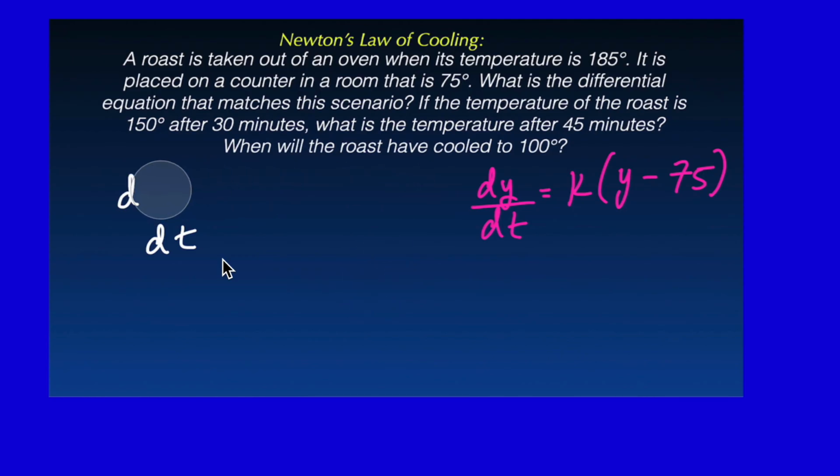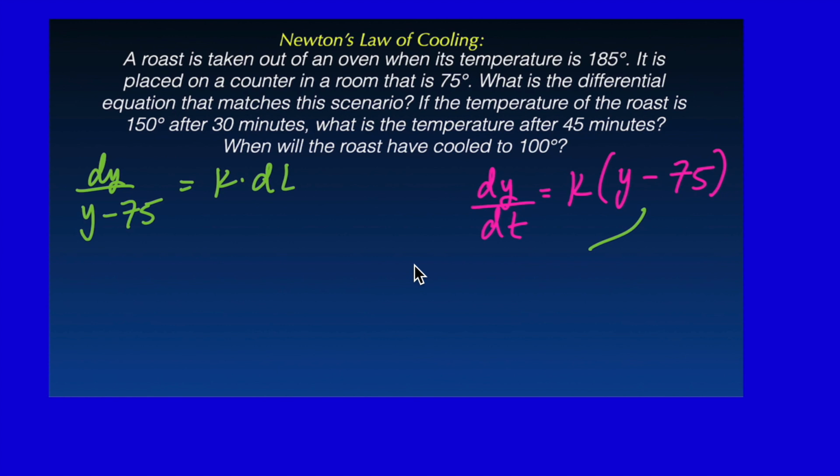Now, there are subsequent questions here that are going to mandate that we solve this differential equation and get a working equation. So we're going to divide both sides by y minus 75 and multiply both by dt. We're going to end up on the right side with dy over y minus 75 equals k times dt.